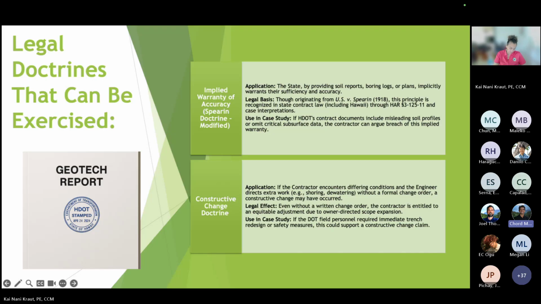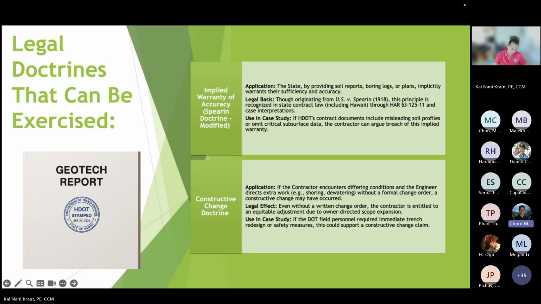So implied warranty of accuracy, the Spearin doctrine. The application: the state, by providing soil reports and boring logs. Again, a lot of these differing site conditions have to do with underneath earthwork, groundwork, all of that. So soil reports, things that can't necessarily be obviously seen, right? That is something I wanted to reiterate: you have to look for them. Soil reports, boring logs, and plans implicitly warrant their sufficiency and accuracy.